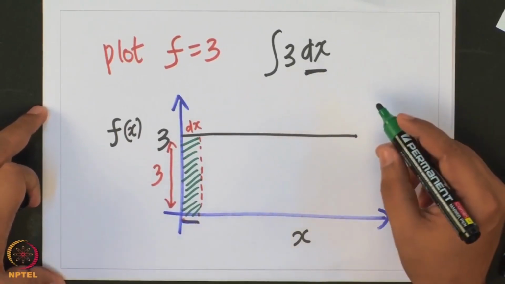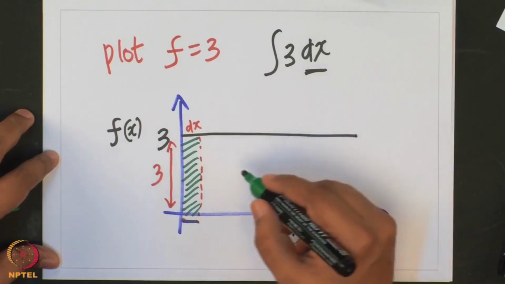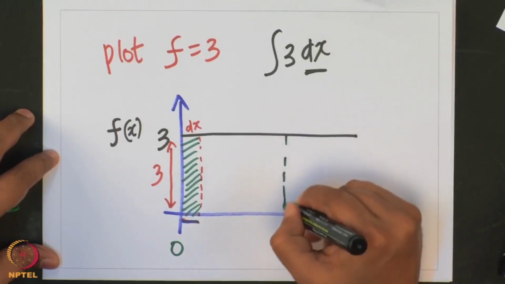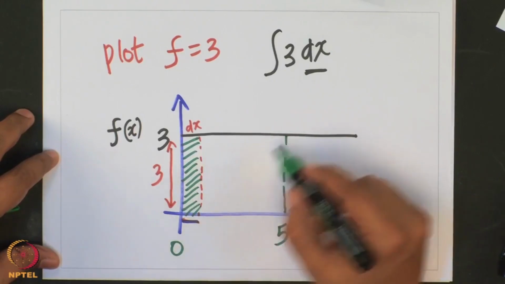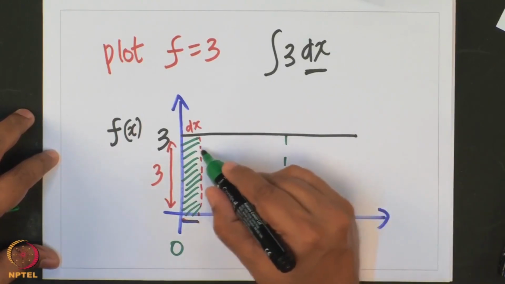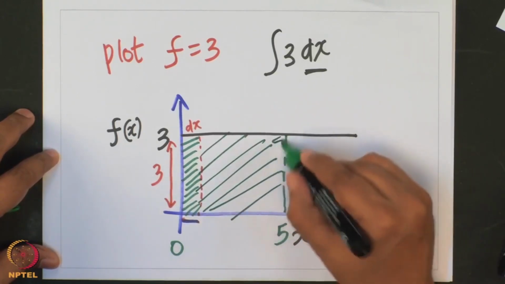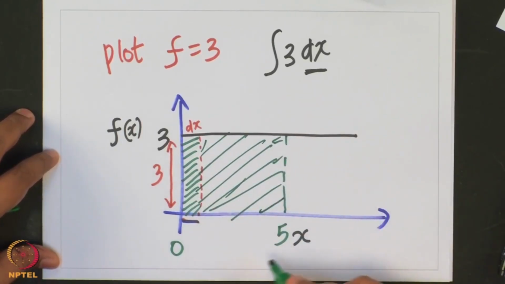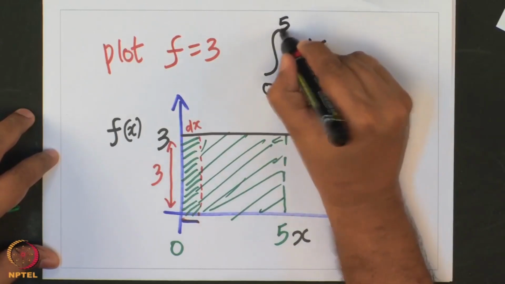Now integral 3 dx is essentially summing this area. So if I calculate this area from, let us say, 0 to some point x, which is 5, that is this total area, this whole shaded area which includes the whole green shaded part, this area is equal to the integral from 0 to 5.